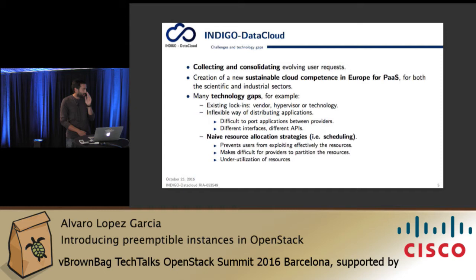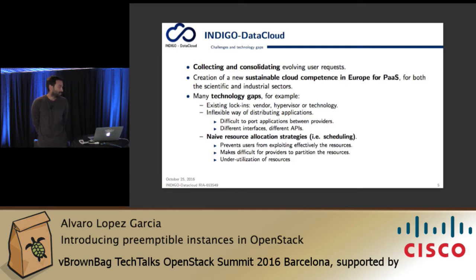However, in order to do so, we have found several technology gaps. For example, the existing vendor lock-ins that you already know, either at the hypervisor level or the technology level, we have found an inflexible way of distributing applications. And the problem that affects us here is that we have found that the resource allocation strategies in the cloud middleware frameworks, more specifically in OpenStack, are too simple for our needs.